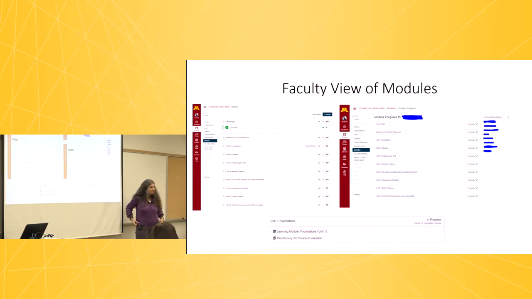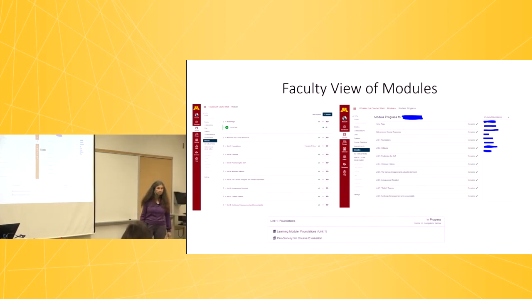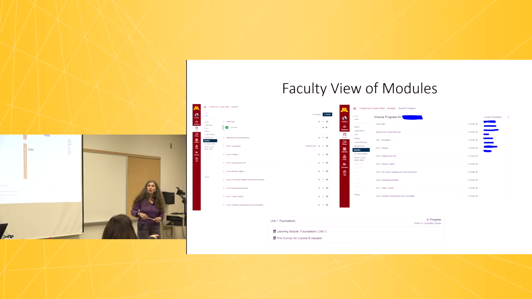Would that include, like in Moodle, the progress bar? So for a discussion forum, you can keep track of if they've met the criteria? Yep. So that'd be similar. So she wants to know if this student progress on Canvas is the same as the progress bar as you would see in Moodle.